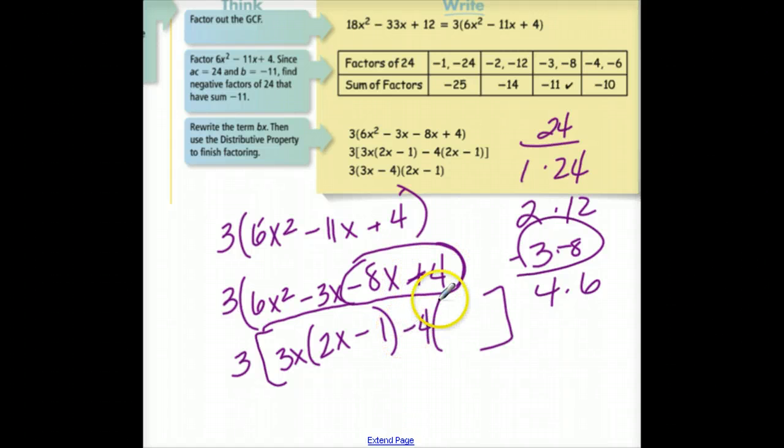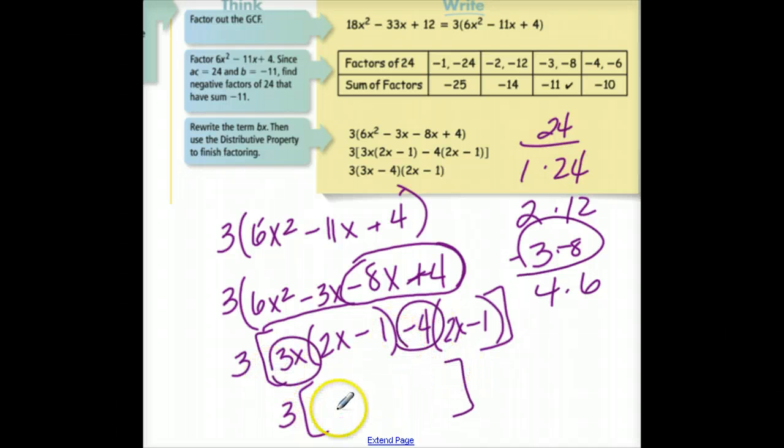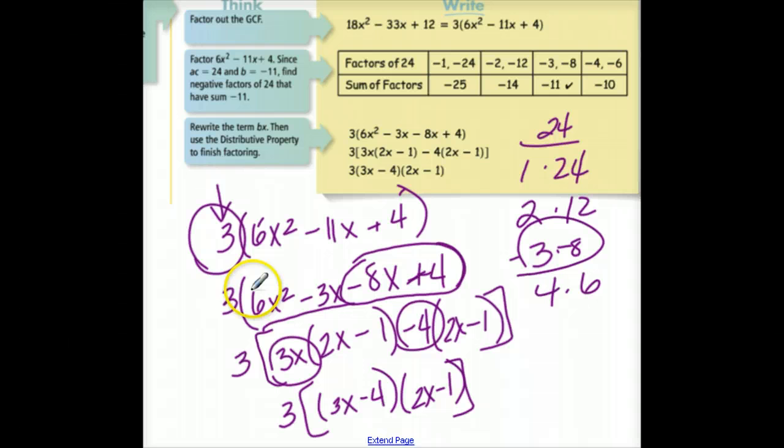Negative 4, so I'm left with 2x minus 1. So my final answer is 3 times my two binomials, 3x minus 4 and 2x minus 1. All right, couple more steps. It begins with taking out the greatest common factor from all three terms.